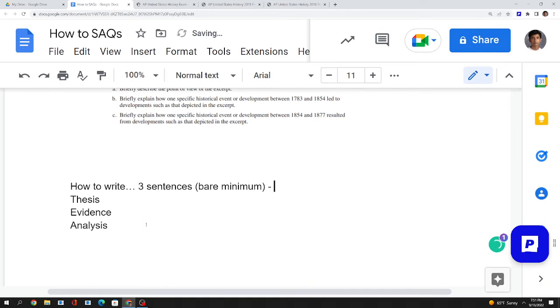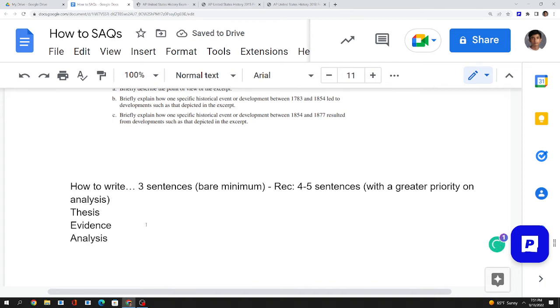I would suggest 4 to 5 sentences, with a greater priority on analysis. Why do I always care about analysis, or why do I always keep on mentioning analysis? Because this actually shows that you can comprehend and understand the topic material that is being taught. Okay, with that being said, how do I write it?